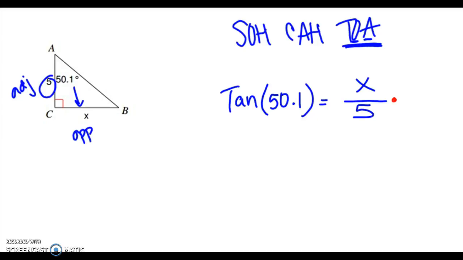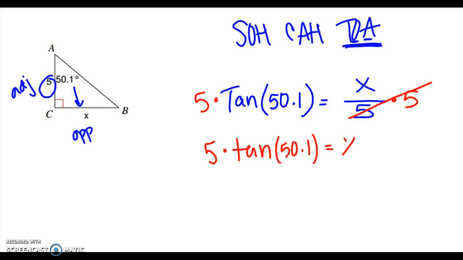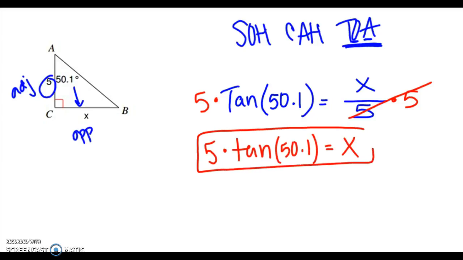So I'm going to multiply by 5 to get rid of it over here. Notice that we're always multiplying by the denominator. So we have 5 times tangent of 50.1 will give me my x.